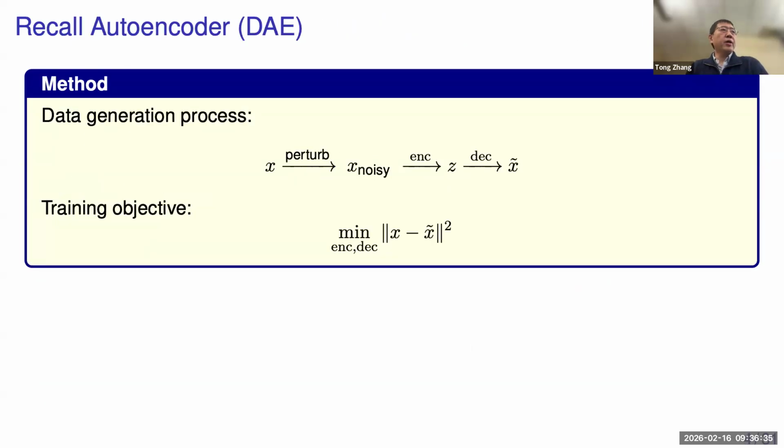Now let's just recall that. The main thing here is to recall our memory about what we are doing with denoising autoencoder. Then we'll bring up this invariance. We can also do VAE, but let's just focus on this one. You first do a perturbation and noise, right?